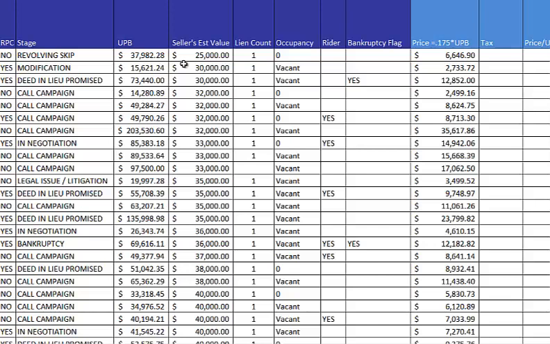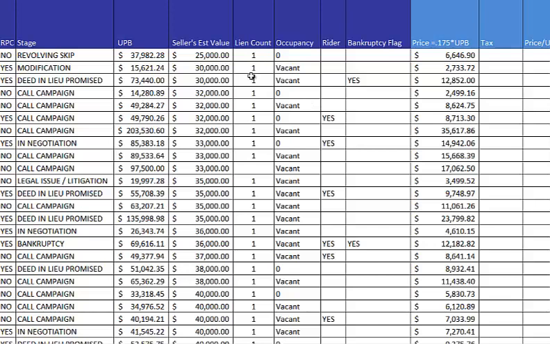Many times they'll have a seller's estimated value or even a BPO or an AVM. Now, most of the time it's an AVM, an automatic value, that's calculated off of something like Core Logic, and they really in that case aren't that valuable, that reliable, but at least it's good to have a starting point and for you to know what the seller thinks the house is worth.